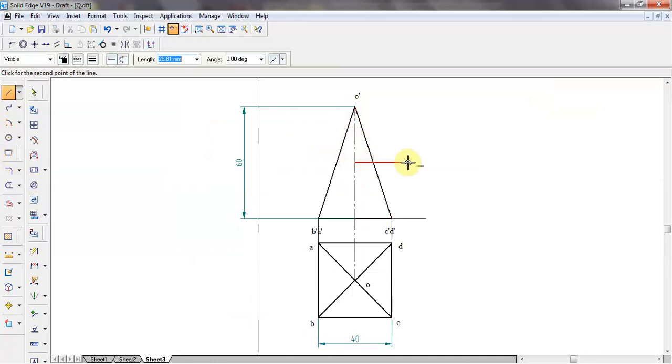So at this point it is bisecting. The angle given is 45 degree. So this is bisecting at angle of 45 degree.